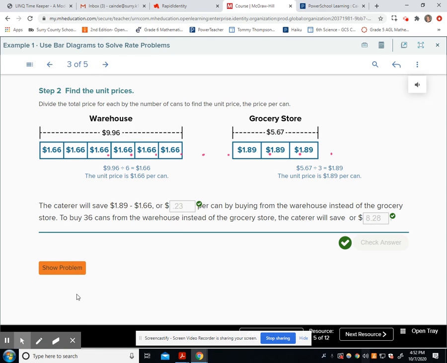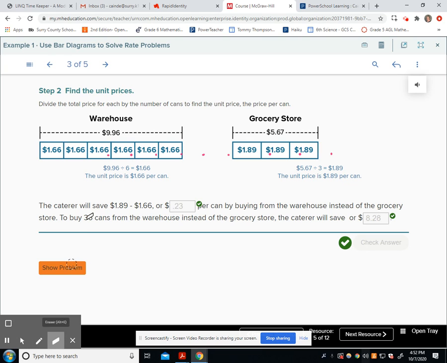Now, when we're actually finding the unit price, remember the unit price tells us how much one of something is. In this case, it tells us how much one can of the tomato sauce costs. To find the unit price, I divide the total price at the warehouse, which is $9.96, by 6.